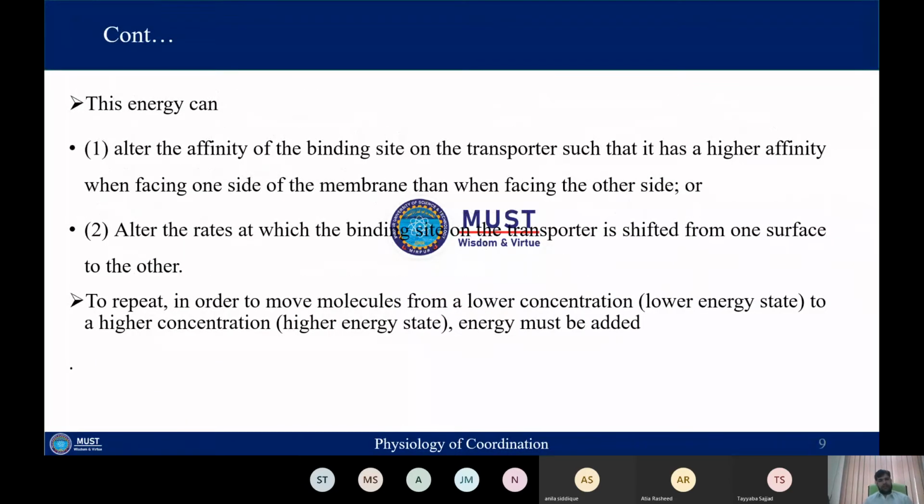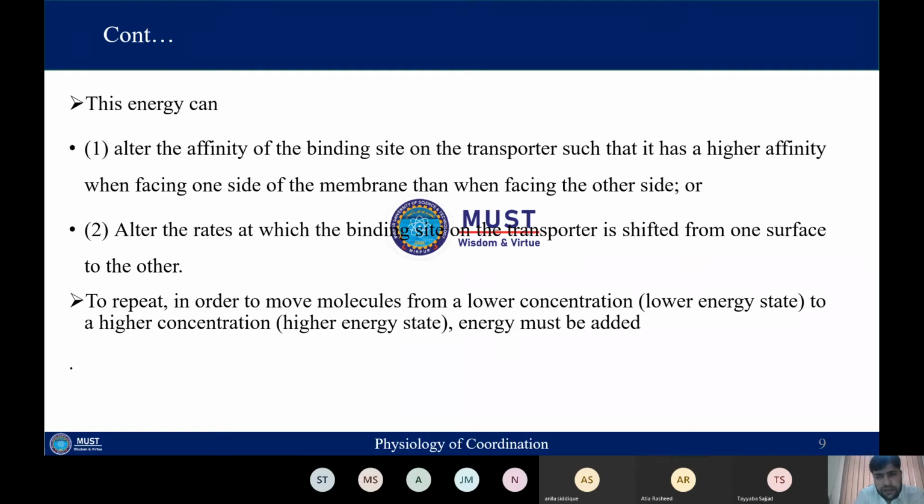So how is this energy actually provided, how can this energy be harvested, and what will be the ultimate function of this energy? The first function of this energy is changing the affinity of the binding site. Meaning when the energy is provided, the transporter protein will show high affinity for binding to the solute particles.